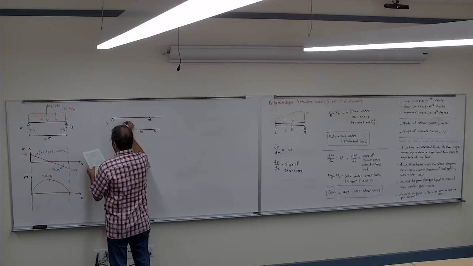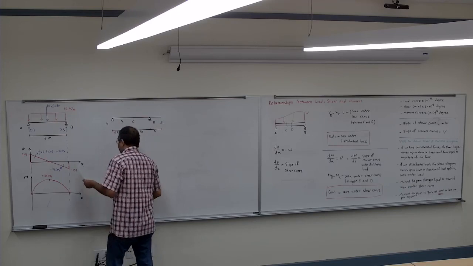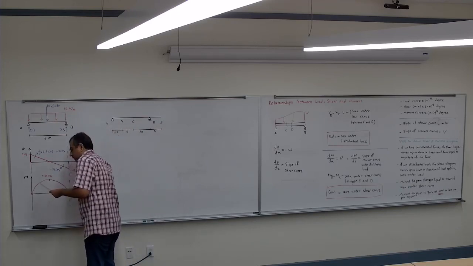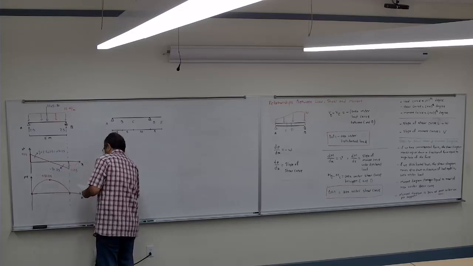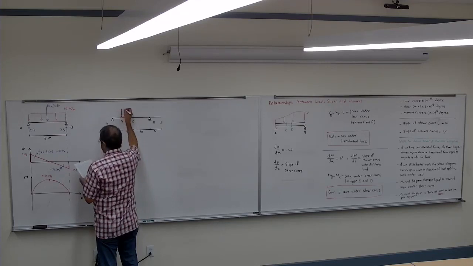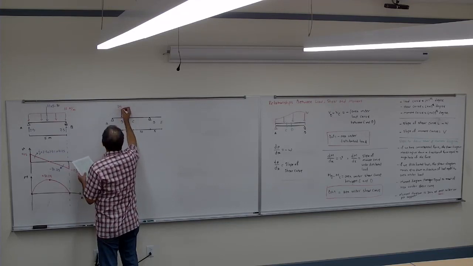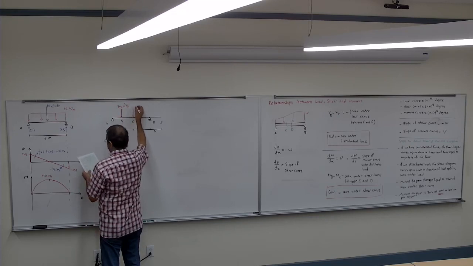B, C, D, and E. And then we have concentrated loads. At the B, we have 20,000 pounds. At the C, we have 12,000.